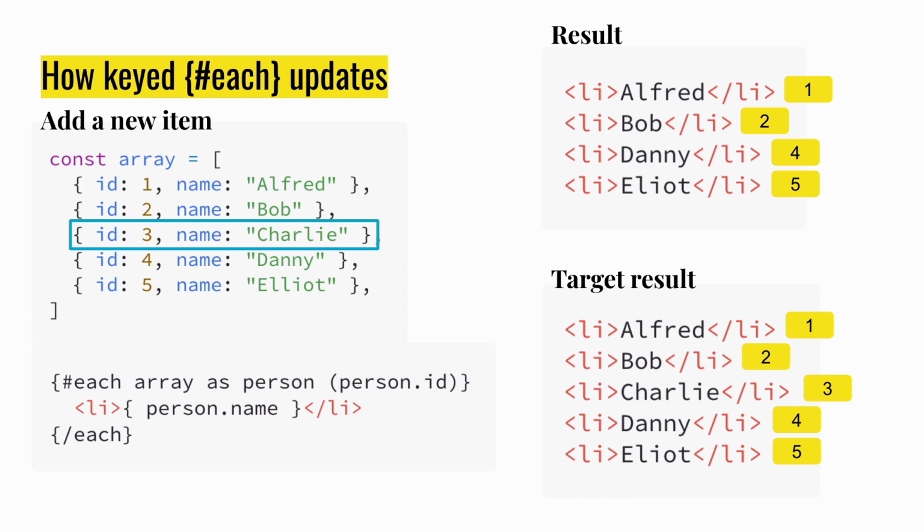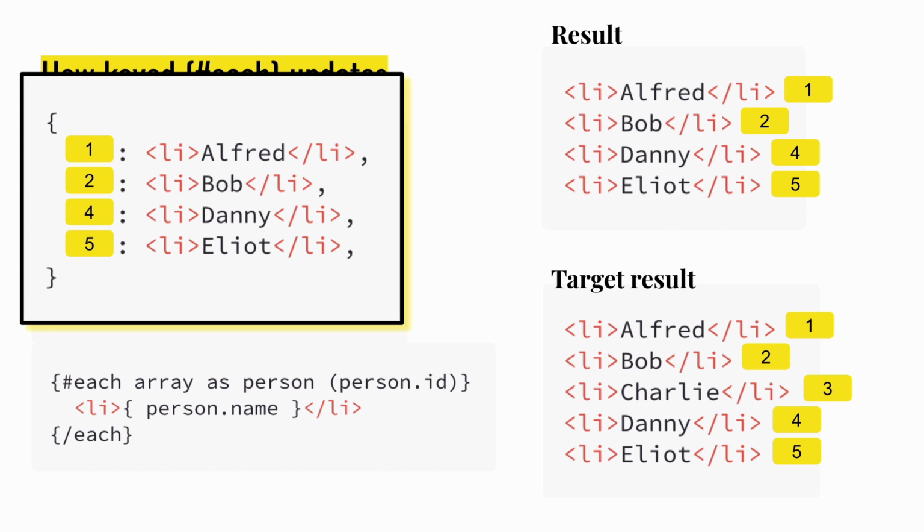So what's next is Svelte will actually first go through the current DOM, go through each of the items, and use the key as a key of a map. We will create a map, use the key as a key of the map, and then each of the values would be a reference to the actual elements on the DOM.